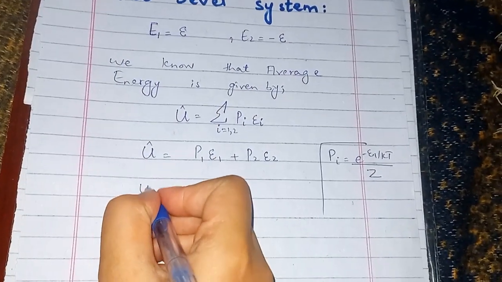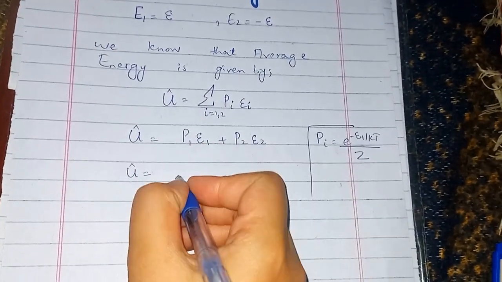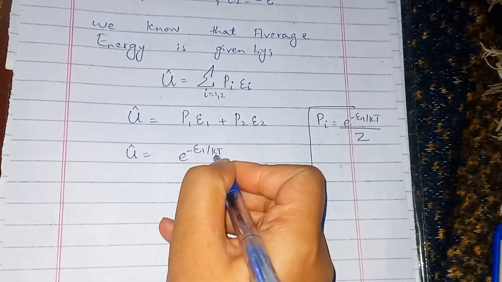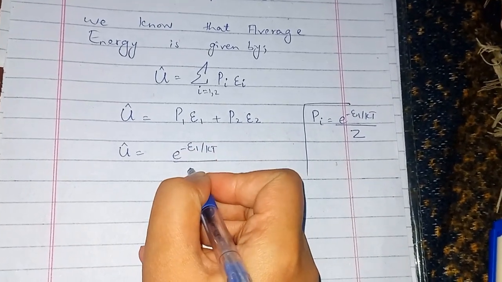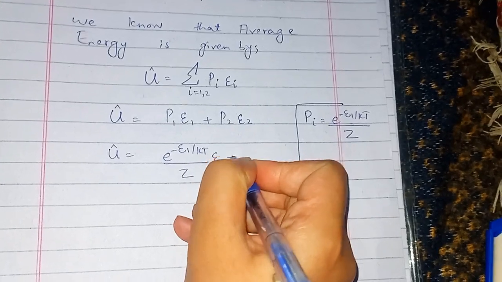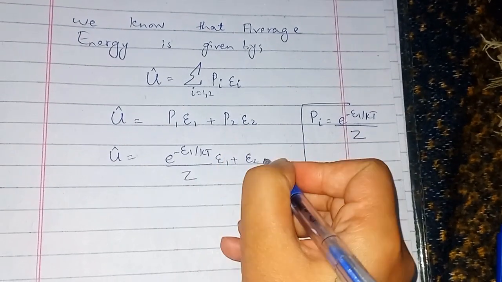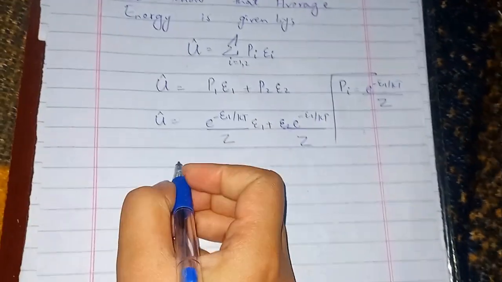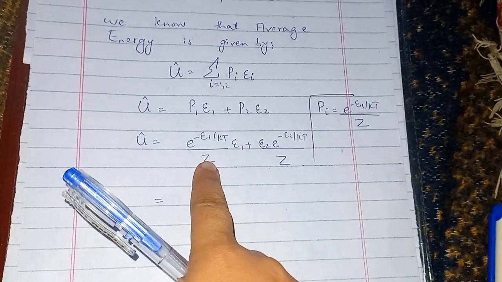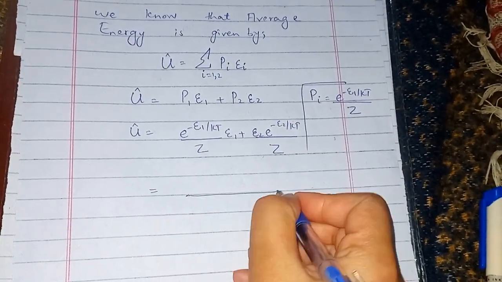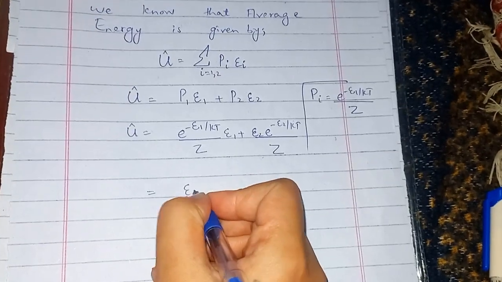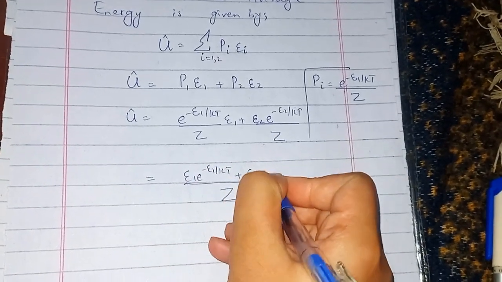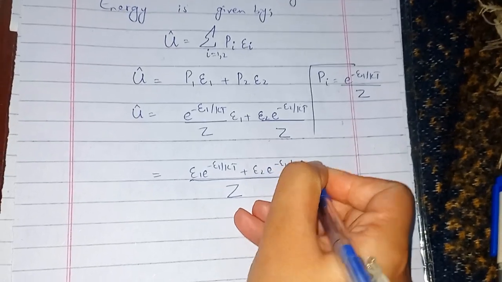If we put the values of P1 and P2 here, it becomes e to the power minus E1 by kT into E1 plus e to the power minus E2 by kT into E2, all divided by Z. Since the denominator is the same, we can take the LCM and it's simply E1 e to the power minus E1 by kT plus E2 e to the power minus E2 by kT.